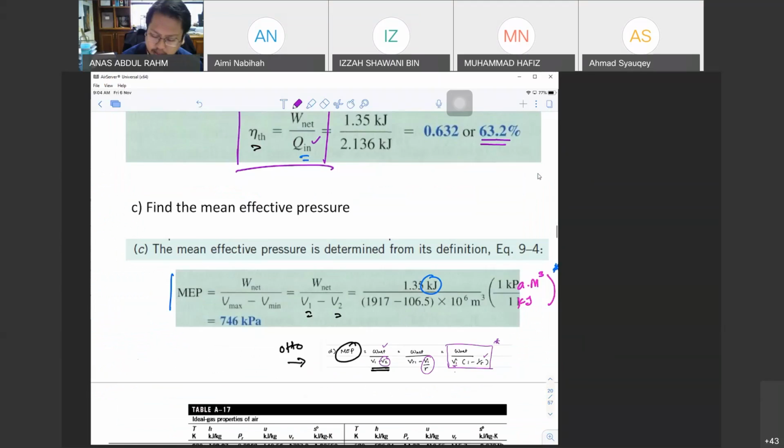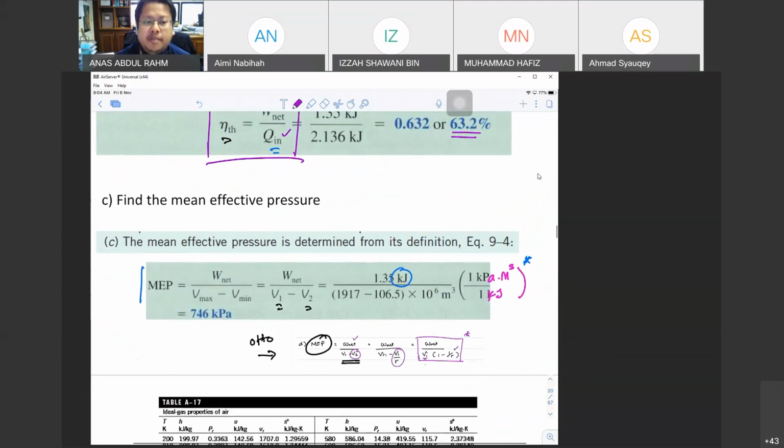Next, for the mean effective pressure, the definition of MEP is W net divided by Vmax minus Vmin. Vmax in our case is the volume at bottom dead center, so V1. Vmin is the volume at top dead center, which is V2.